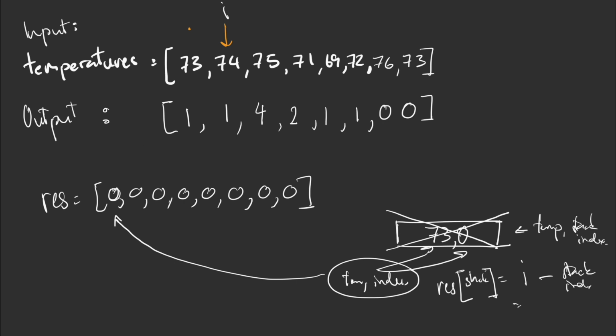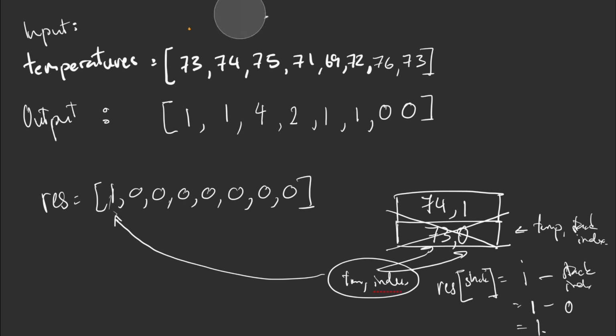Oh no, here i is 1, because that's from this number, and the stack index here is 0, and that's going to be 1. So for the 0 index here, it's going to change to 1. So we have to keep doing it. Once we insert this number, we want to add the new number and its index number into the stack. So here it's going to be 1, and it's the same case here.